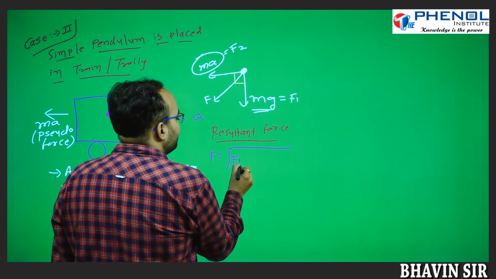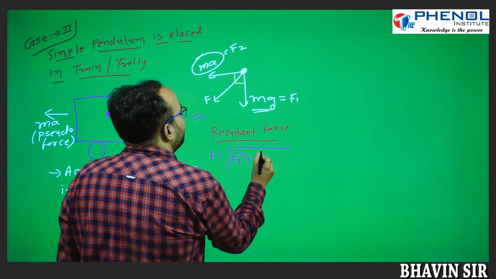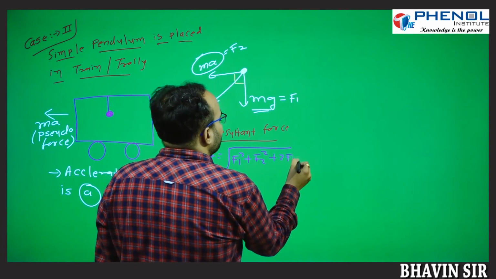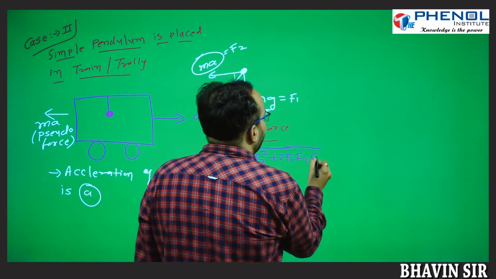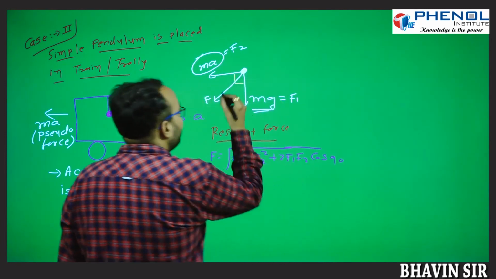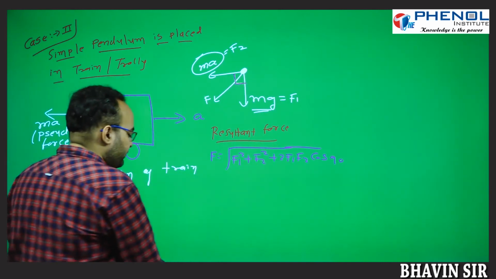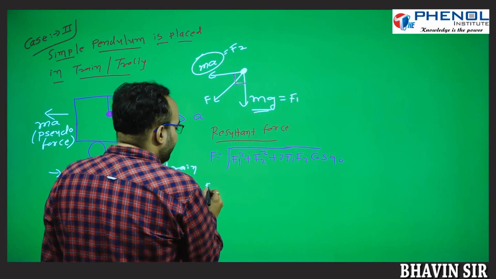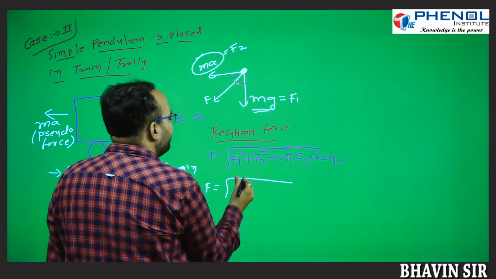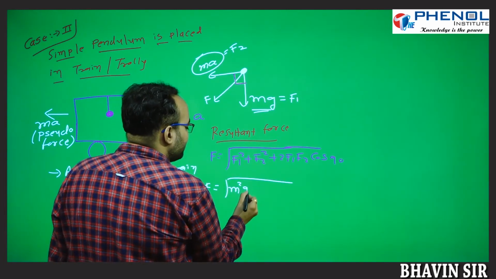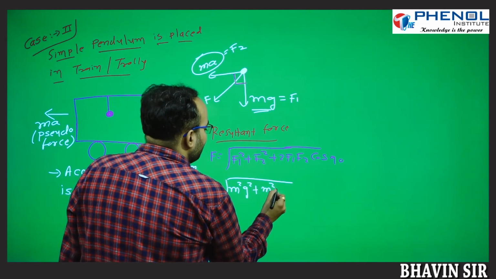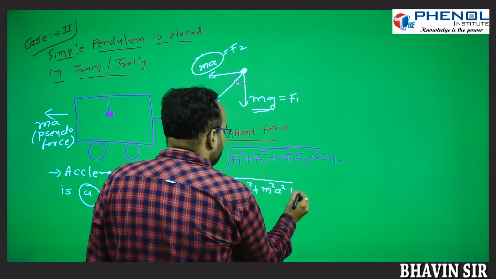So students, how to find the resultant force? F is equal to the root of F1 square plus F2 square plus 2F1F2 cos theta, and the angle between them is 90. Chalo. So cos 90 is 0. What is F1? mg, but it's squared, so m square g square, plus m square a square.